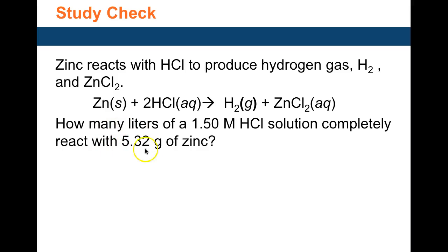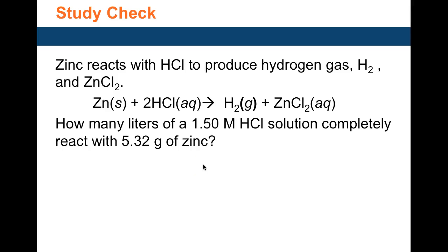First things first, take the grams of zinc and convert it into moles of zinc, so divide it by the molar mass of zinc. Once you have the moles of zinc, from the mole factors you get 2 moles of hydrochloric acid for every mole of zinc. So then you can convert the moles of zinc to moles of hydrochloric acid using the mole factors.